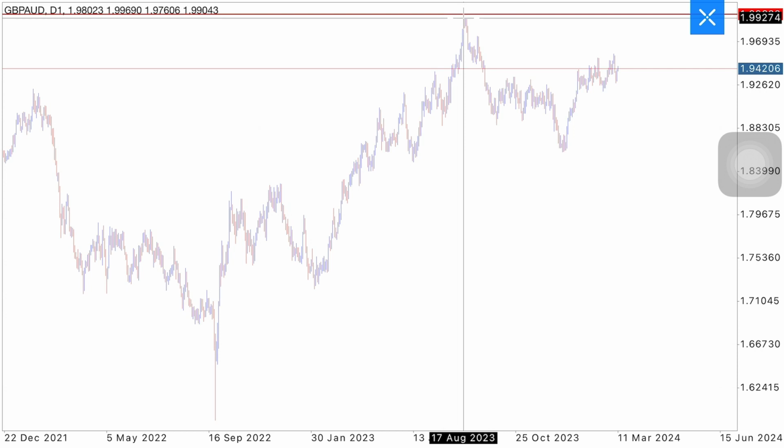We also have this point here, which indicates a change of market structure, our lower low change of market structure. So we can say that this level here is our higher high change of market structure, and this one is our lower low change of market structure.